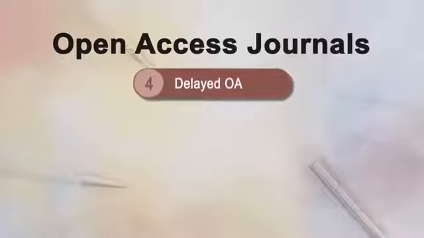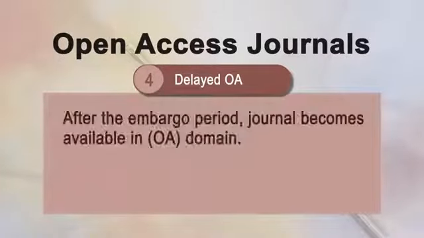In the delayed open access journal, there usually is an embargo period, anywhere from 6 months to a year, during which time the journal is not available in the open access domain, and it is after the embargo period that the journal becomes available in open access domain.